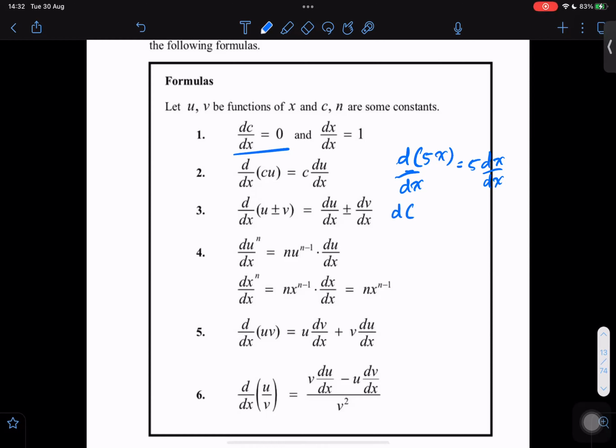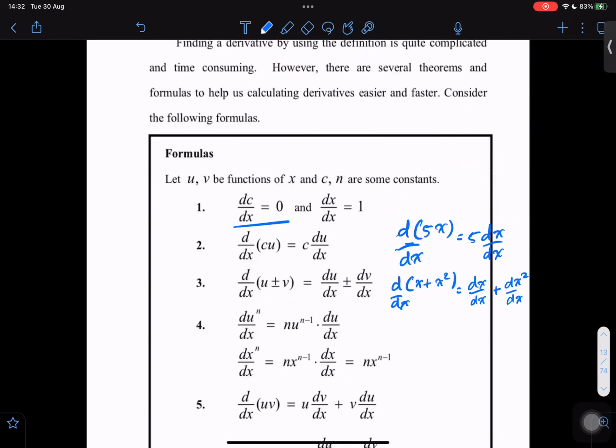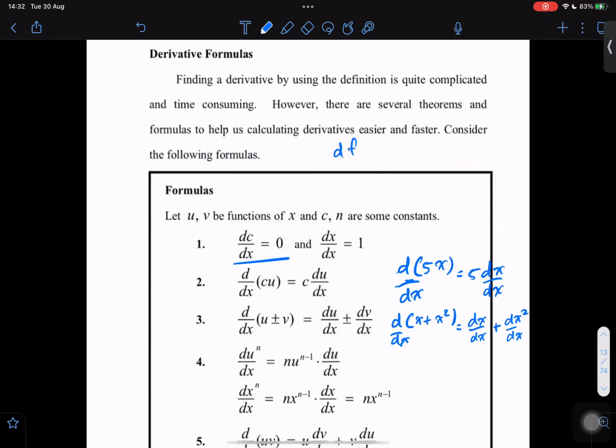So d of x plus x squared dx equals d of x by dx plus d of x squared by dx. And d f(x) by dx is just another notation of the derivative, f prime of x.